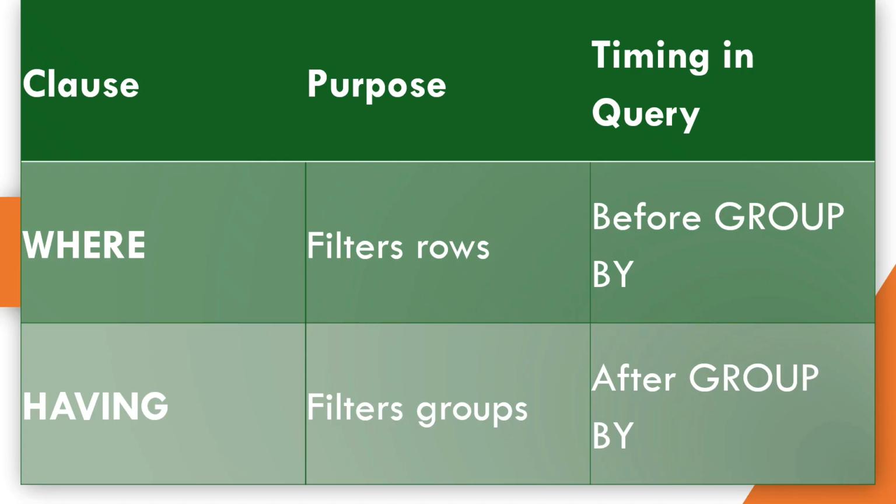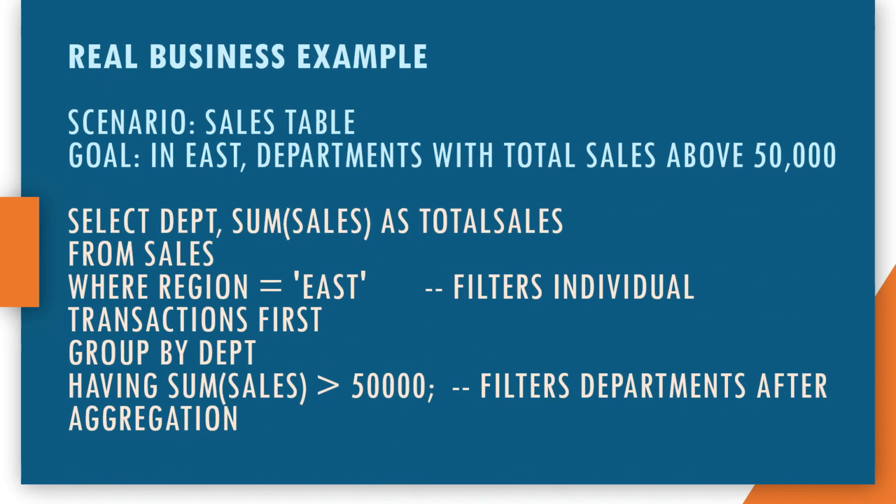The difference is simple when you see it side by side. Where works on individual rows while having works on grouped results. If your condition uses aggregate functions like sum, count, or average, you should use having. But if your condition checks normal column values, then where is the right choice. Imagine a sales table where each row represents a transaction and your goal is to find departments with total sales above $50,000.